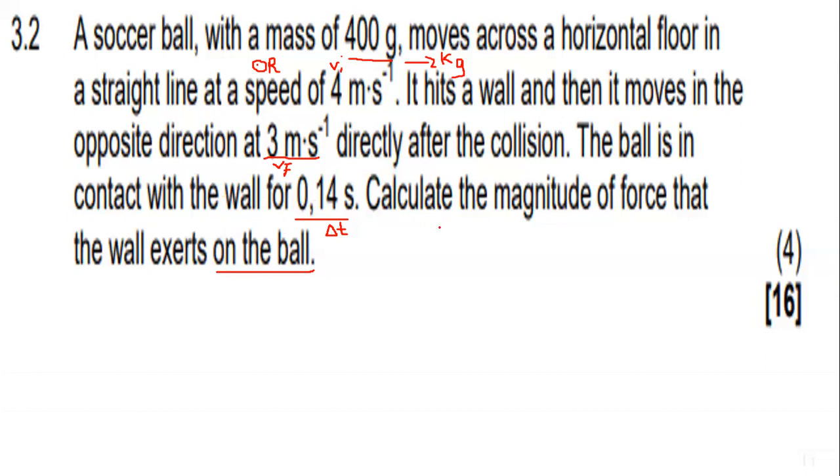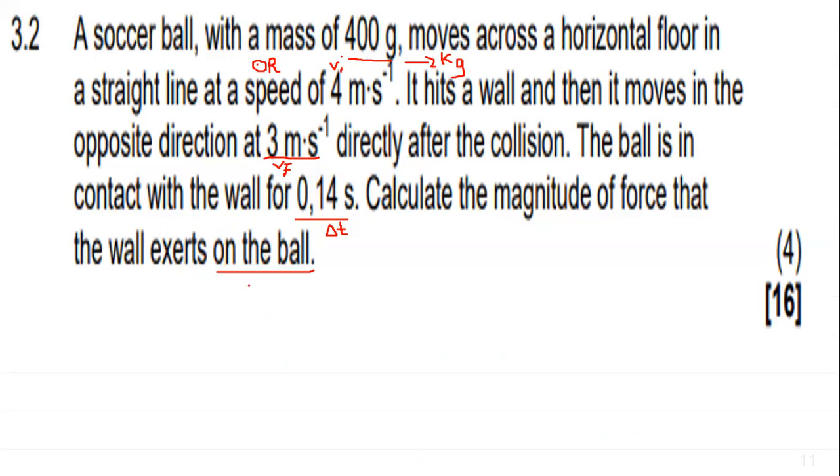Then we are required to calculate the magnitude of the force that the wall exerts on the ball. So it must be the force that is acting on the ball. Why is it important that we understand that? Because the direction of the force is going to be important altogether.